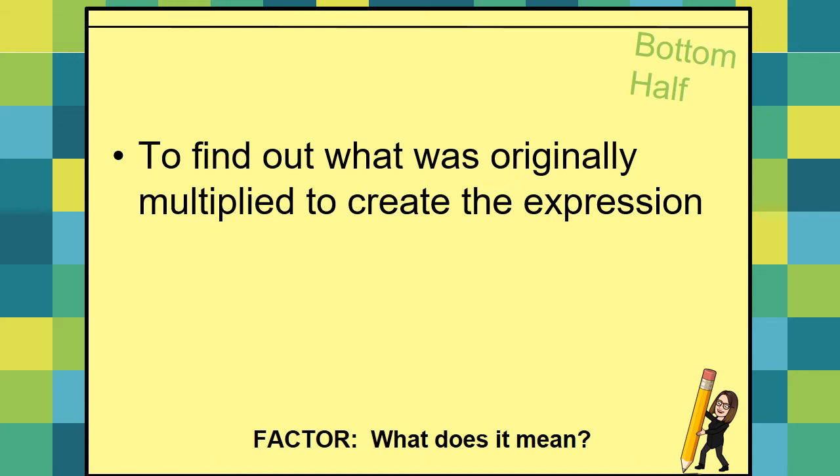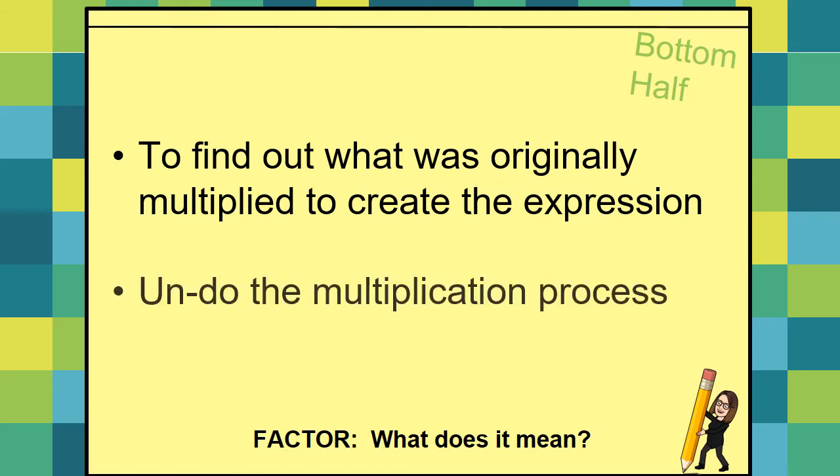We're going to find out what was originally multiplied. Or to explain it more generically, we're undoing the multiplication process. So if we consider those previous examples, we were multiplying it in. Now we're going to divide it out. Dividing is the opposite of multiplying.